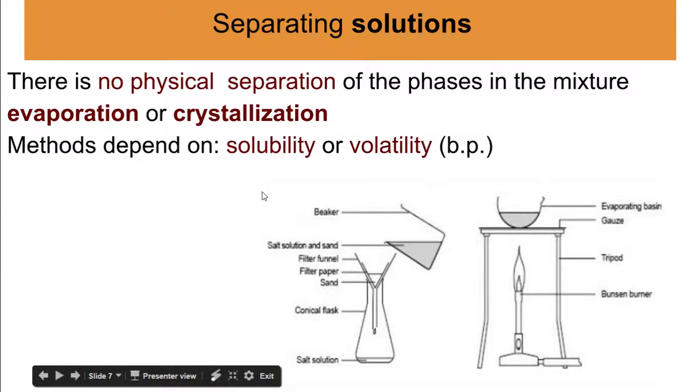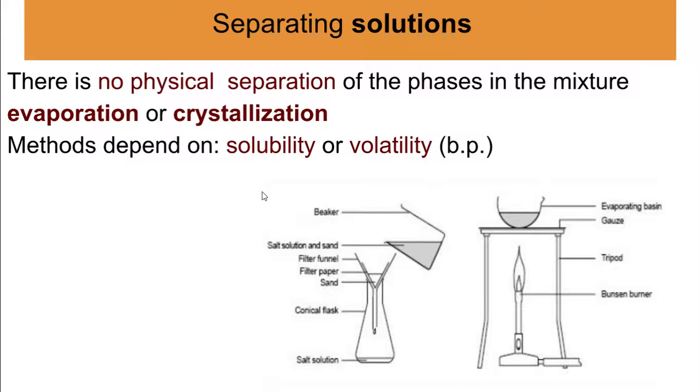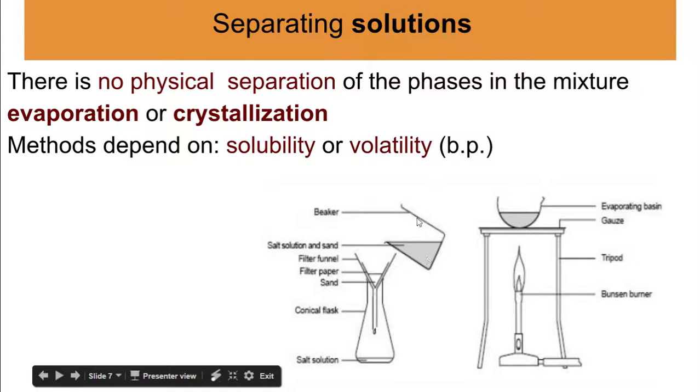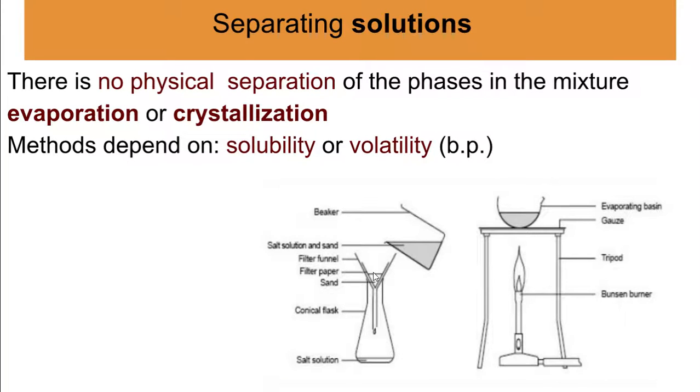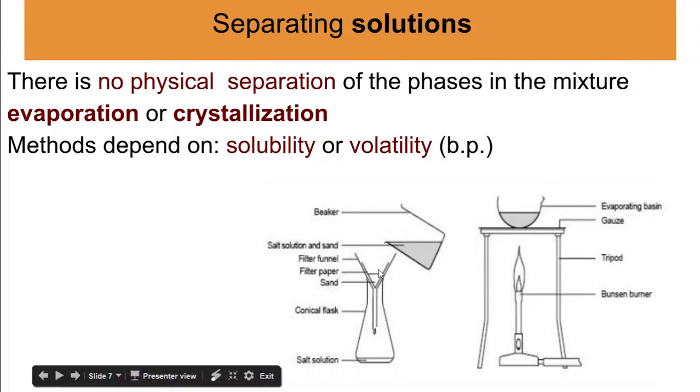Let's say we have salt solution and sand. First, in this beaker, we have salt solution and sand. We put the solution through a filter funnel, and sand, which is insoluble, is going to be left in the residue, and the salt solution is going to come down.